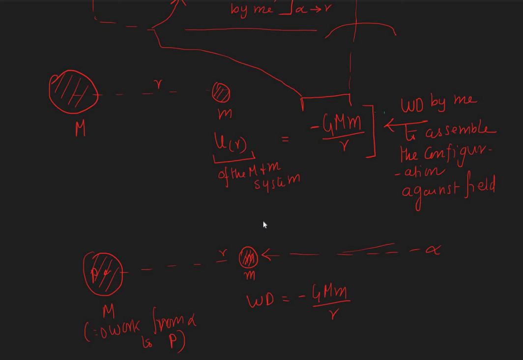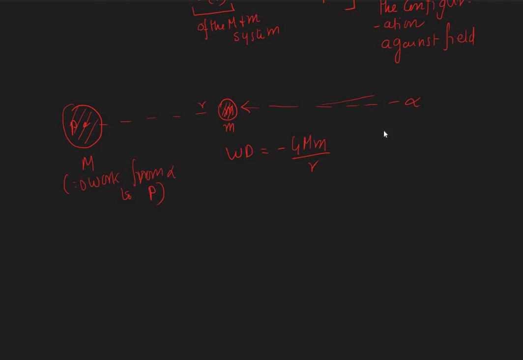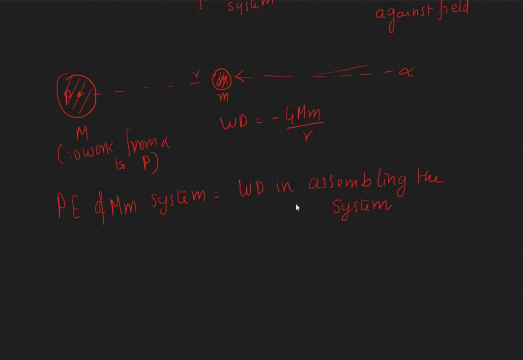So we can say that the potential energy of the Mm system is the work done in assembling the system. And this is not just for two objects.